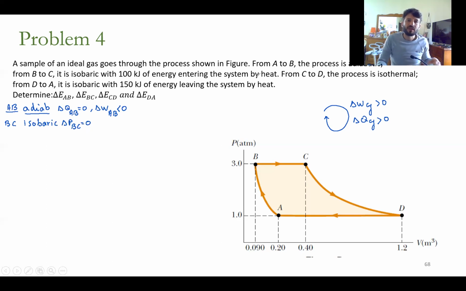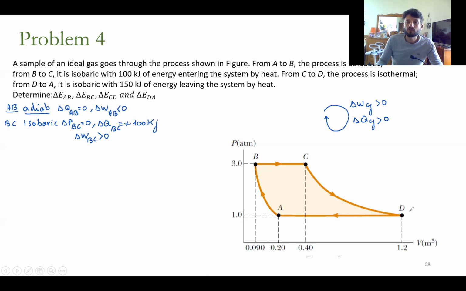So delta Q gained by the system means it's a positive value. We have delta Q BC equals plus 100 kilojoules. It must be positive. Here we increase the volume, so dW BC must be positive, the work done by the gas.